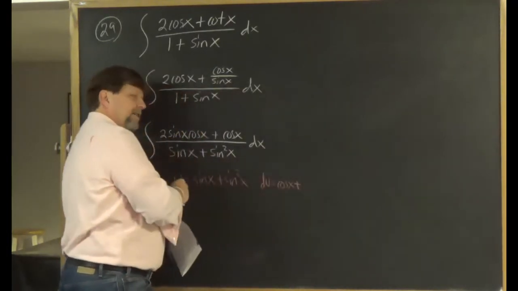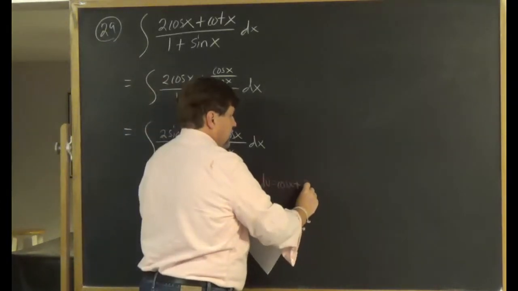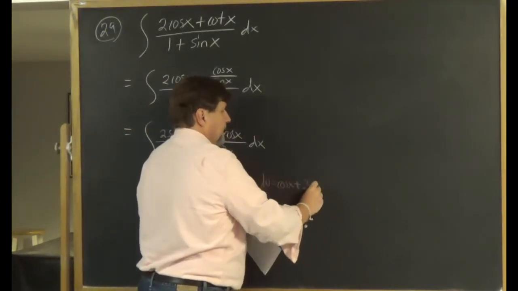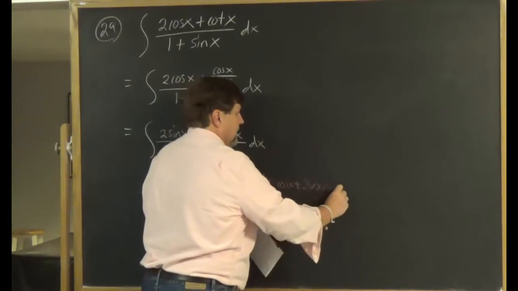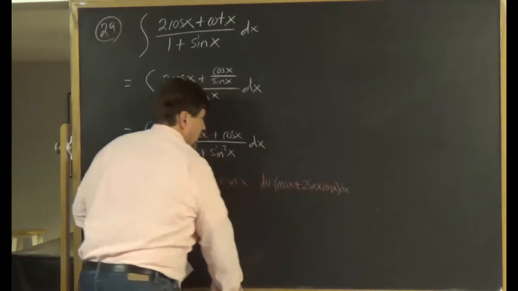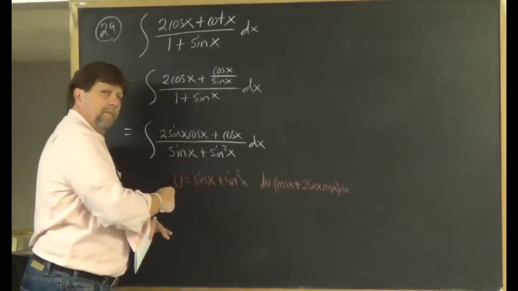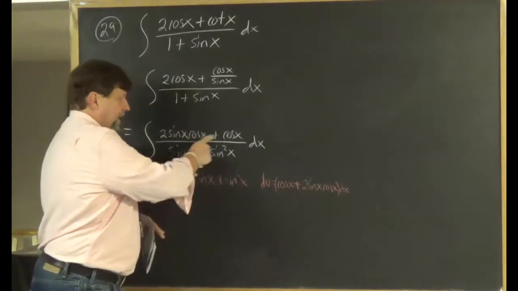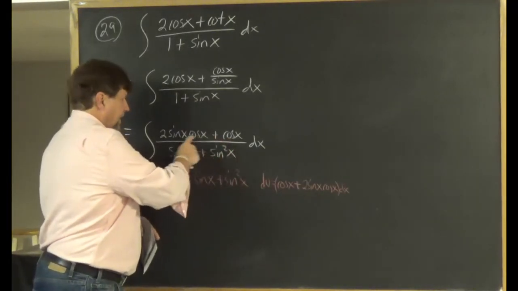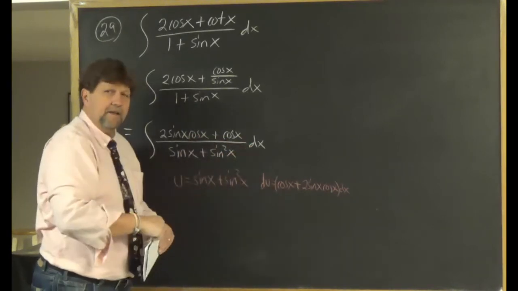Plus, when I differentiate sine squared x, that derivative is 2 sine x, and then the chain rule gives a cosine x. So if I let u equal the denominator, du is cosine x plus 2 sine x cosine x dx.